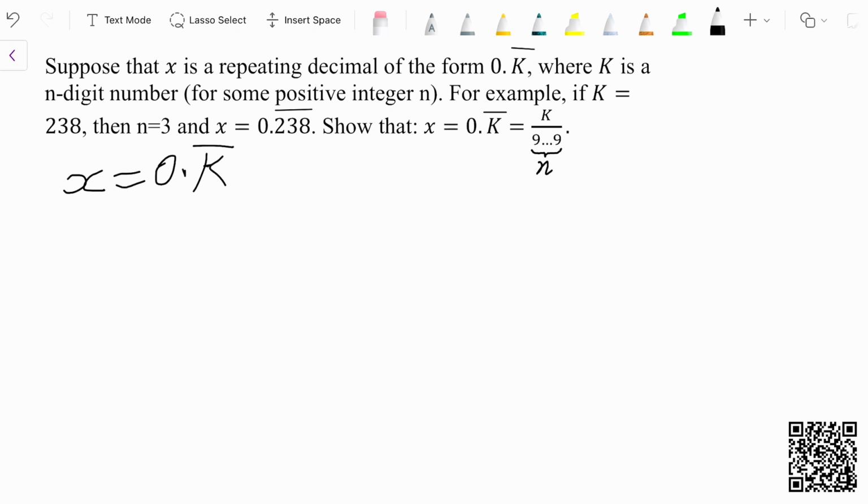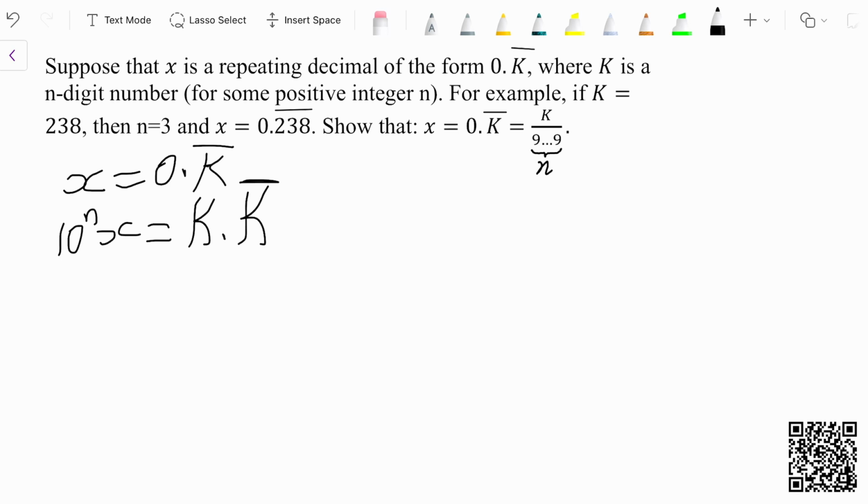If there's 2 digits, then it's 10 to the power of 2. But right now we have 10 to the power of n because we do not know how many digits there are, but we call it n because the problem told us to. So after multiplying by this mysterious n, we will get k.k with a bar.